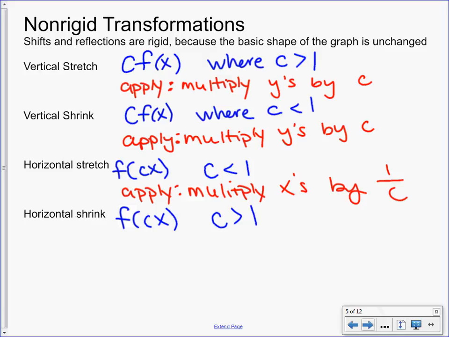Before, subtracting meant we went to the right. So here, instead of multiplying by C for our horizontal stretch and shrinks, we're going to multiply by 1 over C, the reciprocal. Kind of like we're dividing by C.